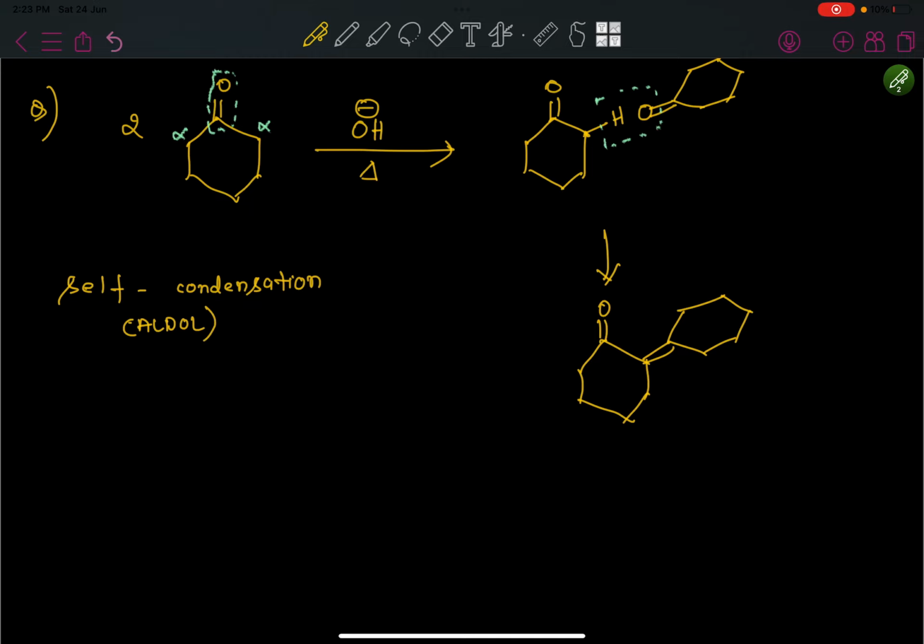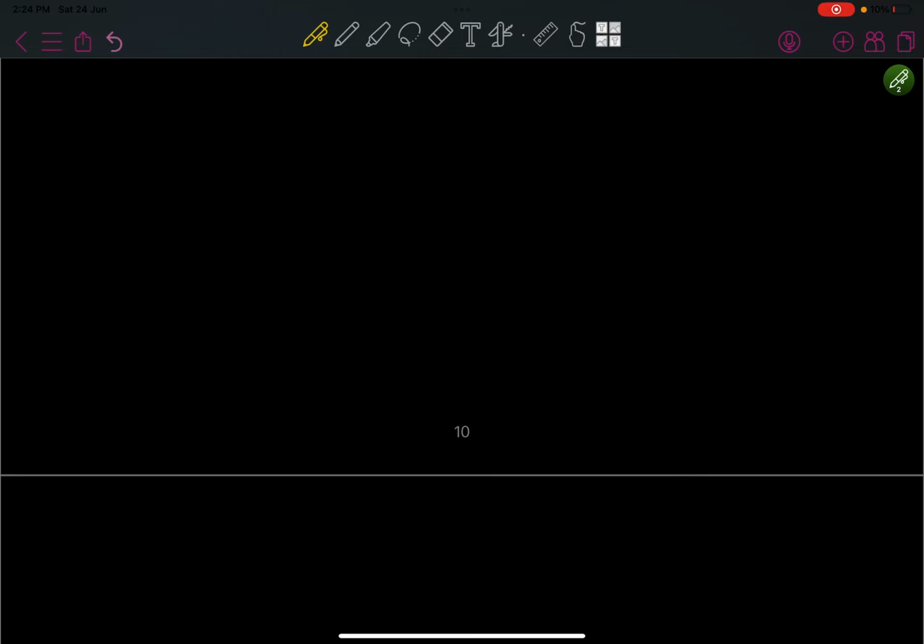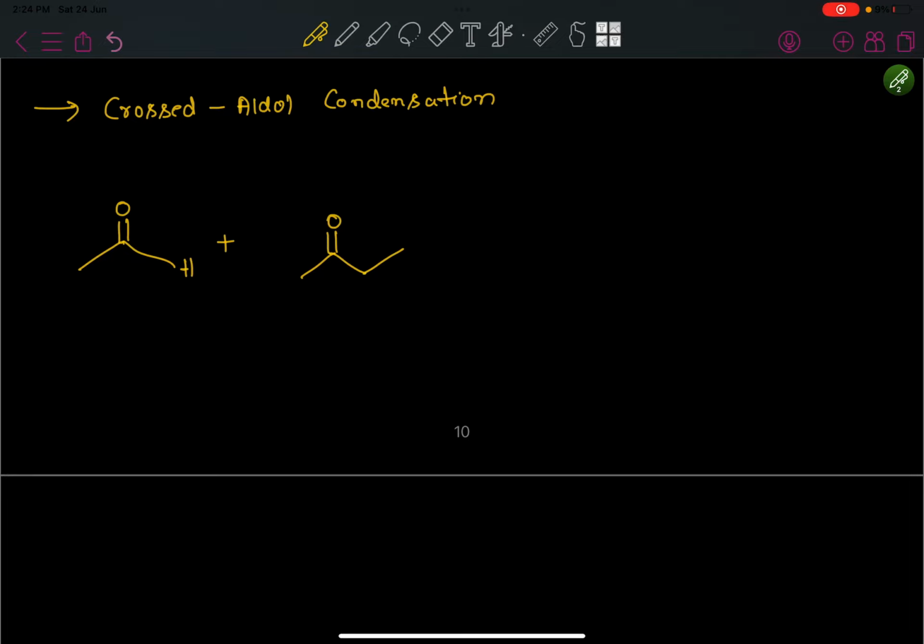Now can I tell that we can also do crossed aldol? Okay, crossed aldol condensation. How can you go about doing it? For example, I have taken acetaldehyde, plus I have taken 1 unit of ketone, right?